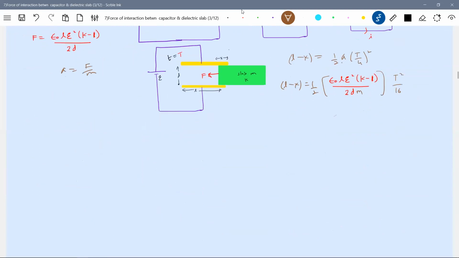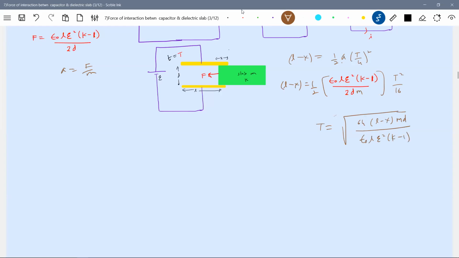Let me solve for that T. So the total T is equal to 2, 16, 4, 64, the square root of (L minus x) m d by epsilon naught L e square.